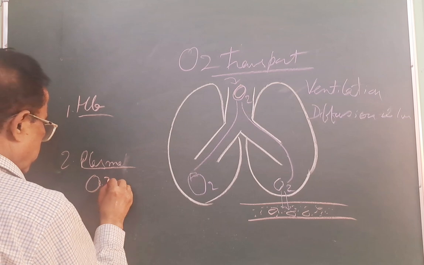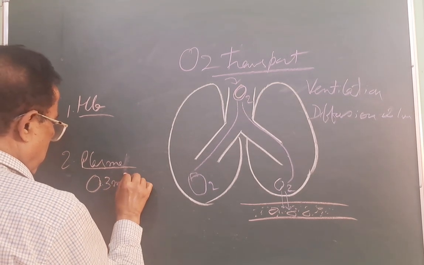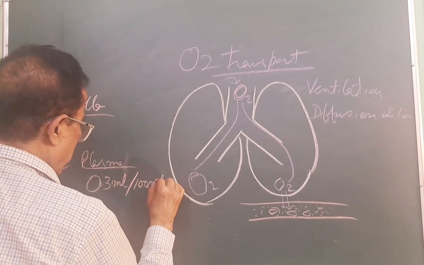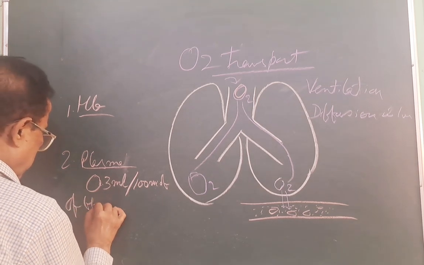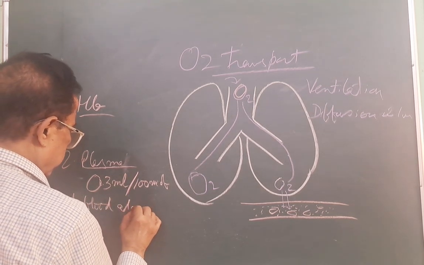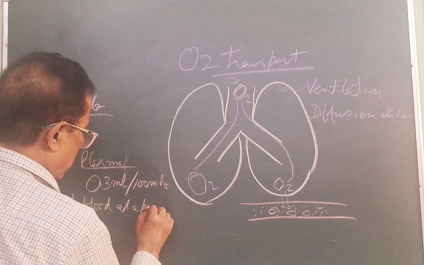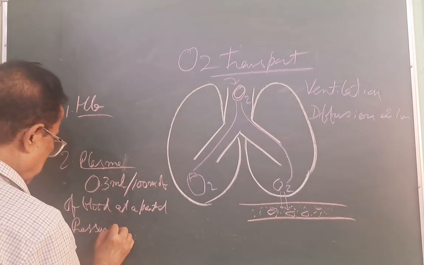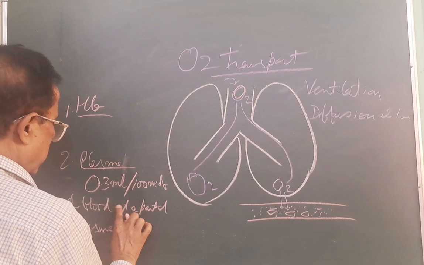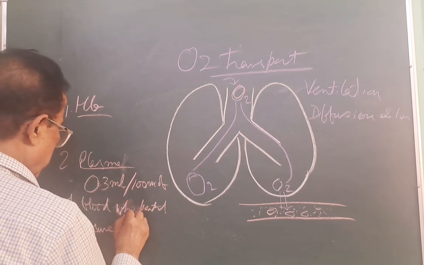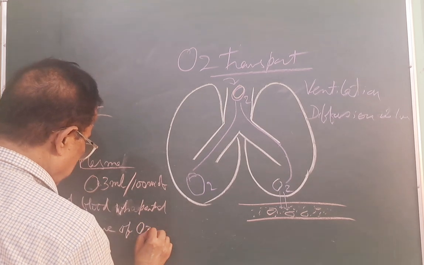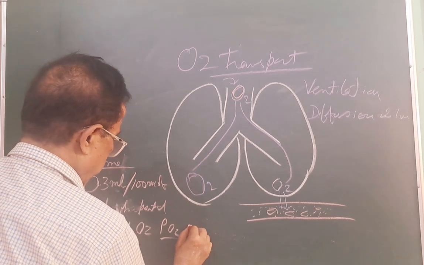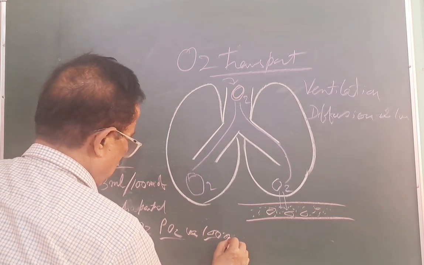It is only about 0.3 milliliter of oxygen per 100 milliliter of blood at a partial pressure of oxygen, PO2, of 100 millimeter of mercury.